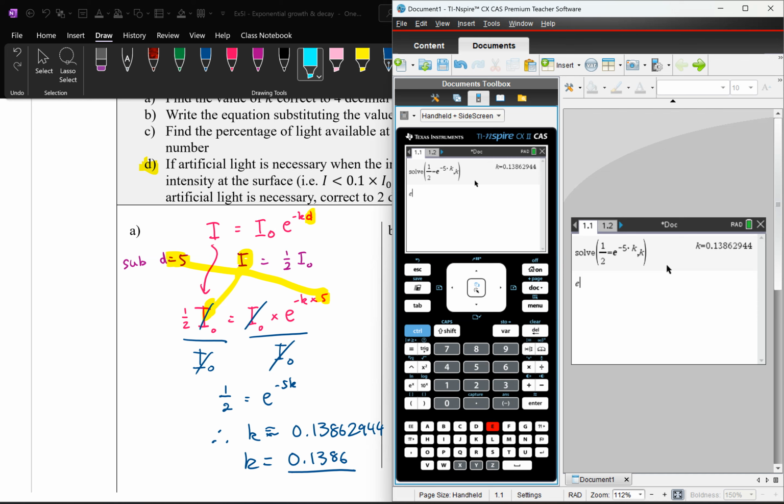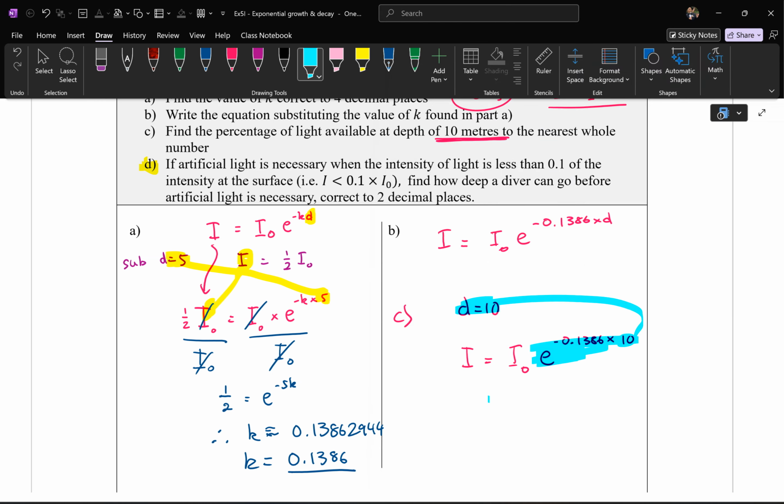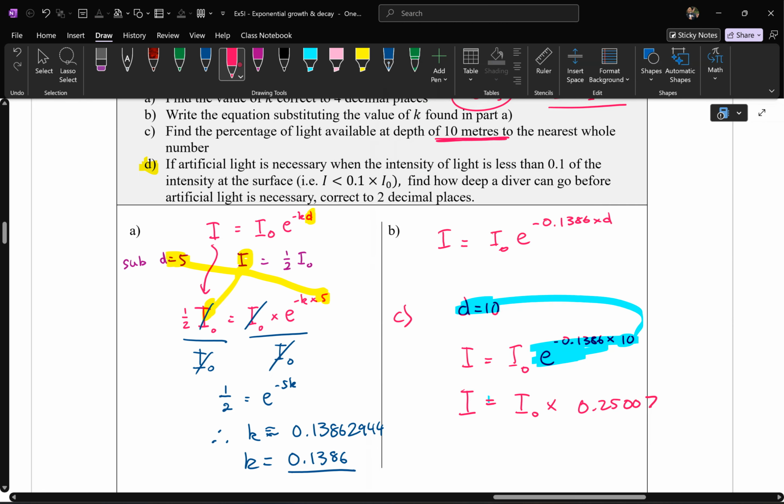I'm going to do e to the power of negative 0.1386 times 10. That gives you 0.2500736. So what this is saying is your intensity of light is equal to I naught times 0.25000736.